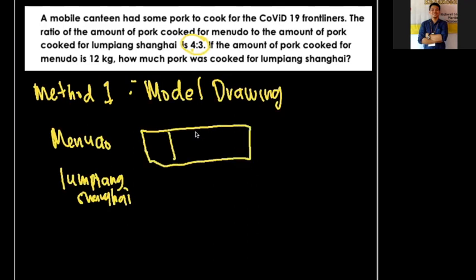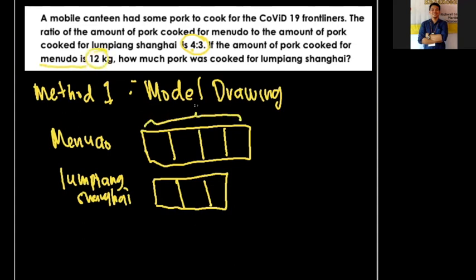We have 4, we can represent with 4 units. And lumpia can be represented using 3 units. We also know that the amount of pork cooked for menudo is 12 kilograms, which means that this is equivalent to 12 kilograms.